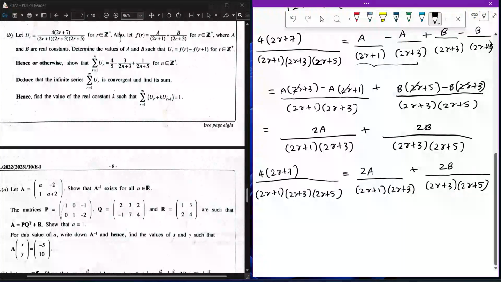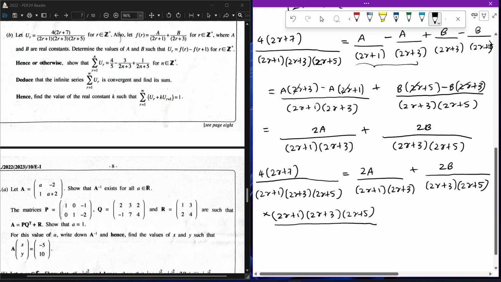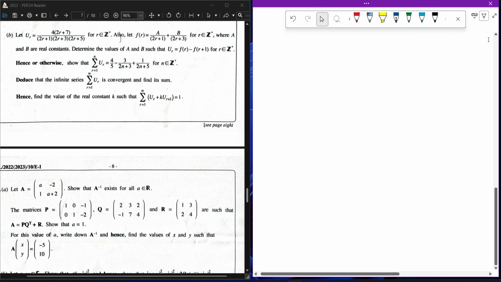So once you simplify, you should multiply this whole expression by the denominator part of the Ur term: 2r plus 1, 2r plus 3 and 2r plus 5. Once you multiply with this expression, there are certain things that will be cancelled off. Now it's already a simplification part, okay?